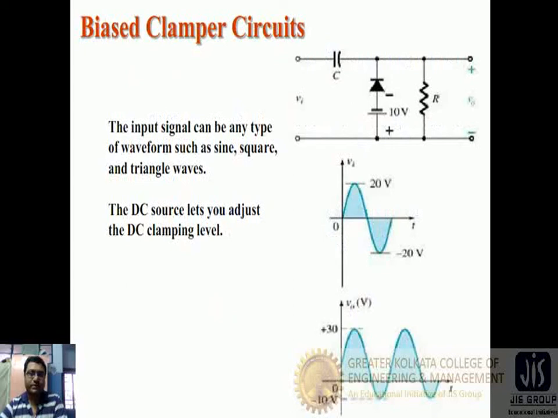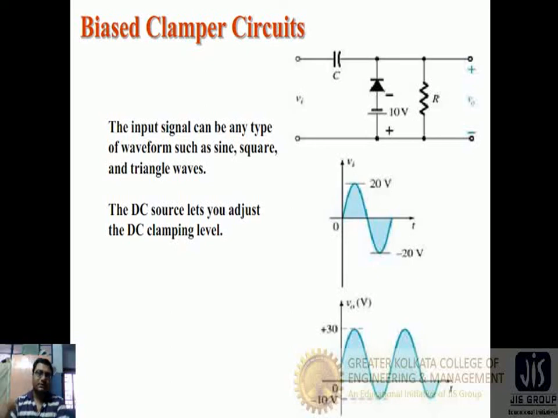So the basic clamper circuits we have seen in this picture. The input signal can be any type of waveform such as a sine wave, square wave or triangular wave. The DC source lets you adjust the DC clamping level.